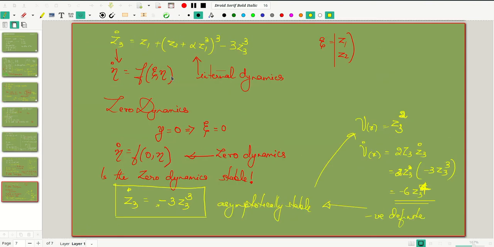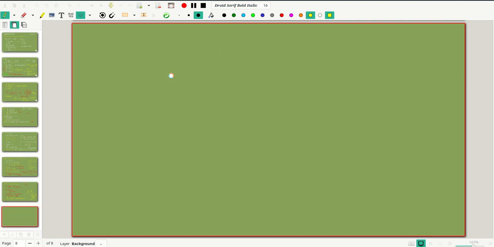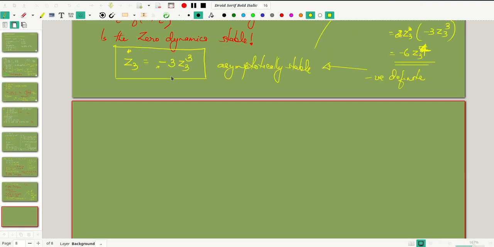So another important condition that I will try to summarize here, I will give an example later on as a note to you. For example, when we speak about zero dynamics, take a linear system.